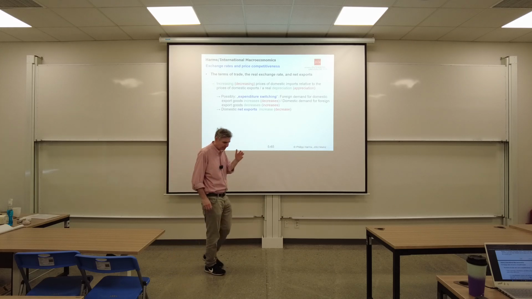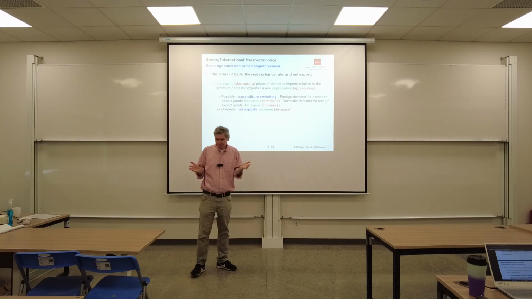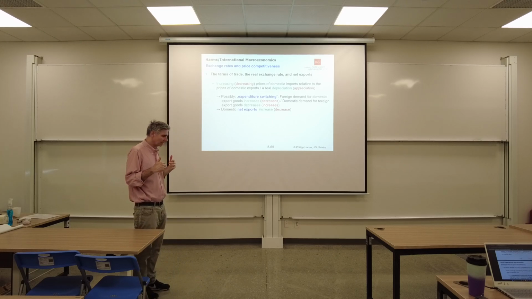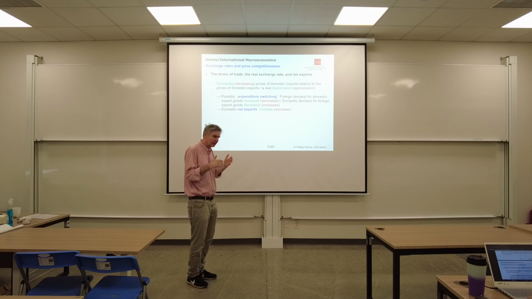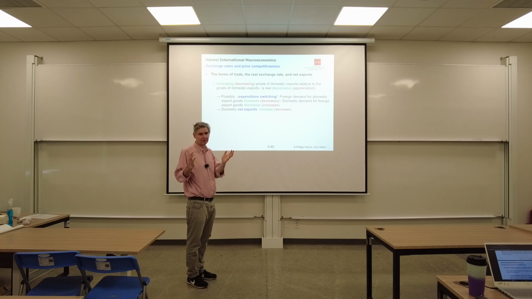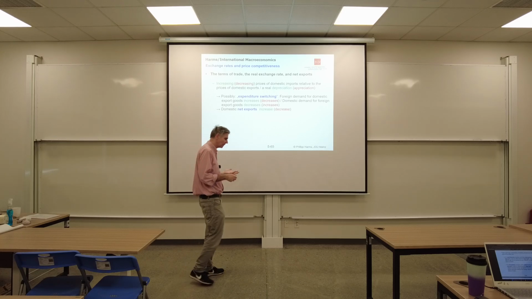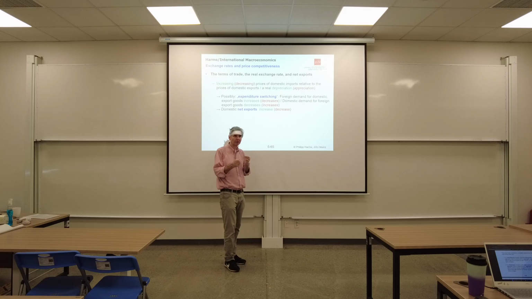Now, the idea is that suppose you export cars and you import T-shirts, and those are the only goods that exist, right? So if T-shirts become more expensive relative to cars, you buy fewer T-shirts and buy more cars. I know that buying a car is not the same thing as buying a T-shirt, but the idea is, I think, clear, right? Expenditure switching is about the reaction to relative price changes.